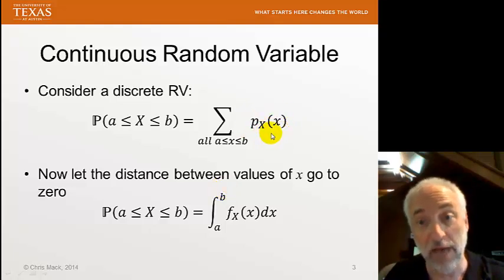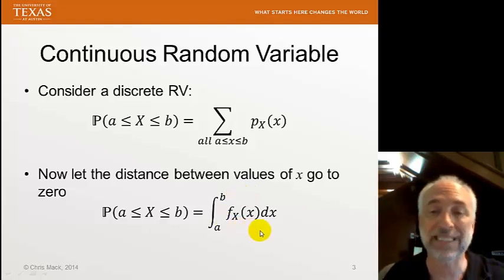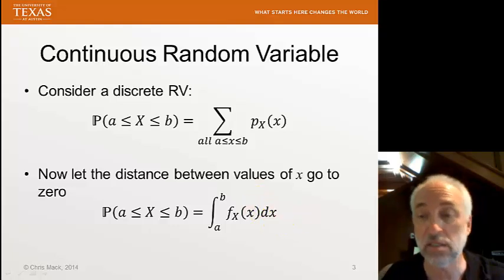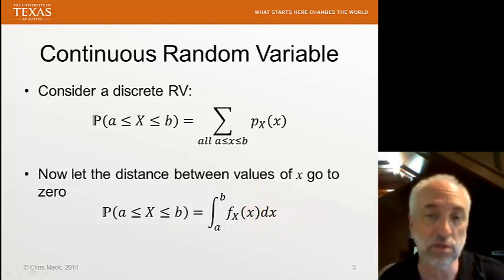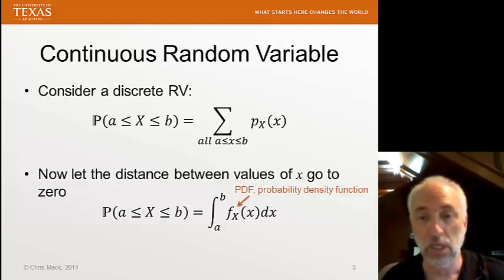Our PMF turns into what we'll call the probability density function, or PDF, multiplied by this distance between values of x, dx. We're essentially letting dx go to 0.